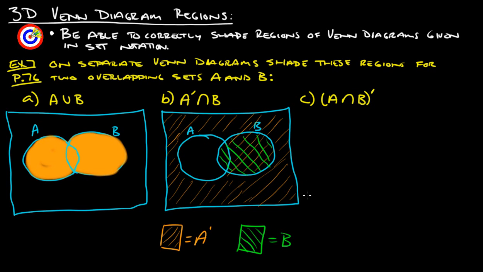So what we're really looking at is this here overlapped with this here. The complement of A intersect B is what we're looking for, and that would be this region right here.